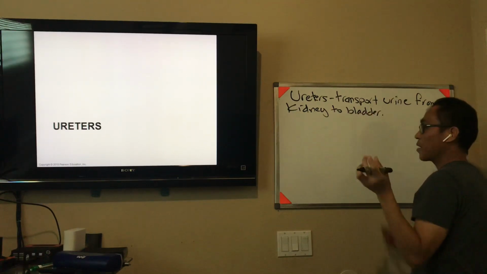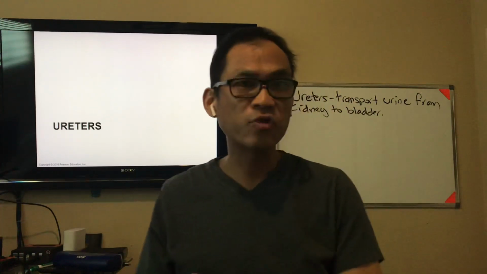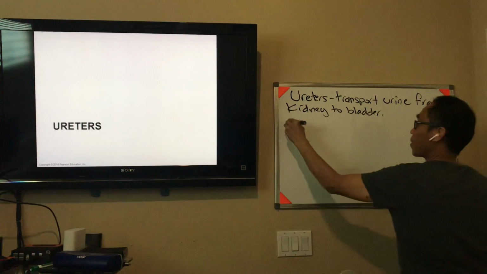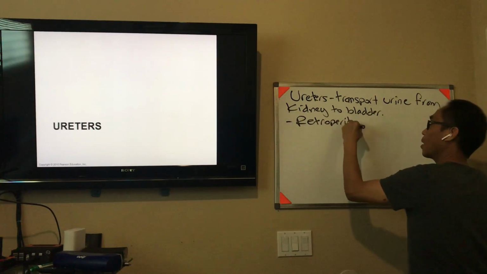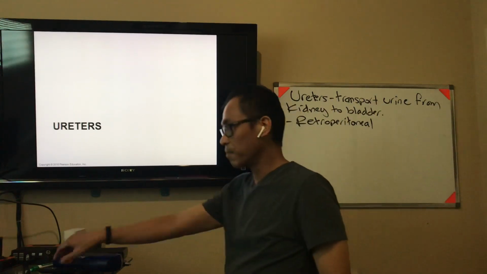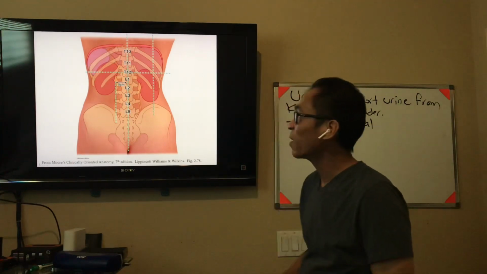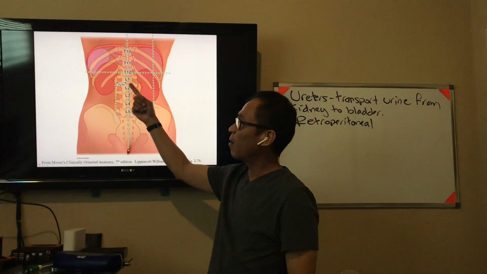So their entire descent on the back body wall, they are retroperitoneal. You try to visualize them, a line on your back, using this figure. They're about 5 centimeters lateral to about L1 vertebra.